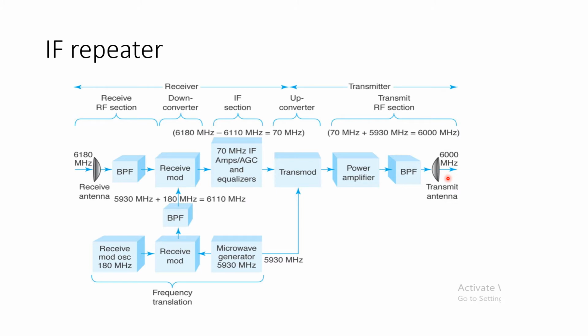Now from this figure we have to understand that we basically need two microwave carrier supplies. But in this case, we have just used a single generator, along with the shift oscillator. So here we can generate two required signals with the help of a single generator.